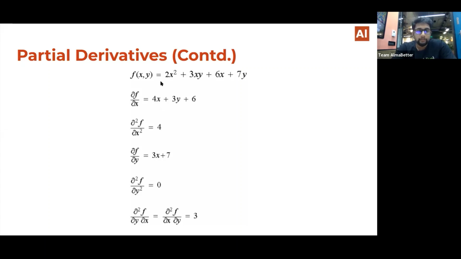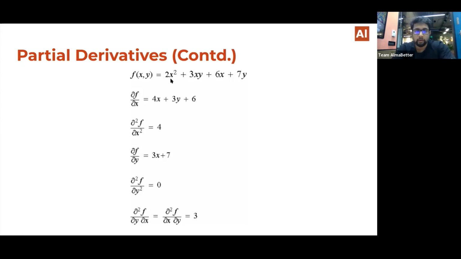Now this is all good till you are finding the derivative with respect to x. Now let's say someone told you to calculate the derivative with respect to y. So you will essentially calculate the partial derivative. In the partial derivative part, you will treat x as a constant when you are differentiating with respect to y, right?